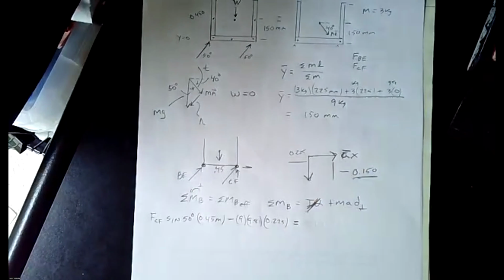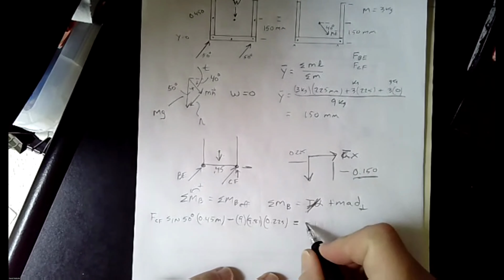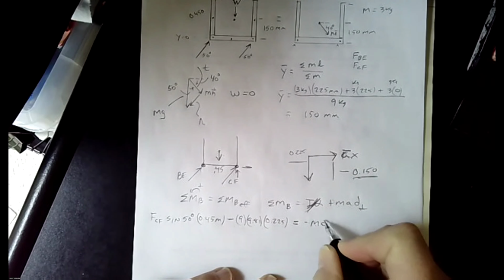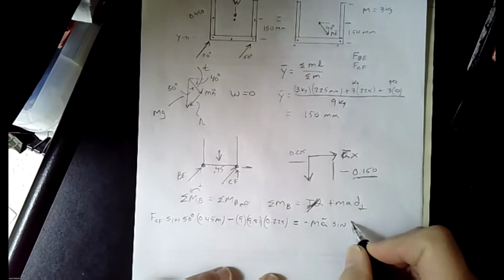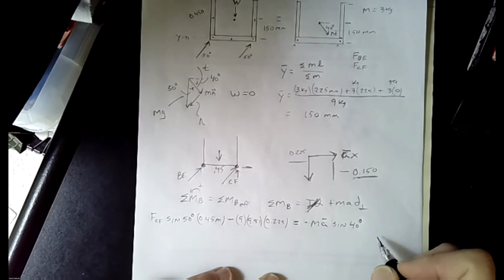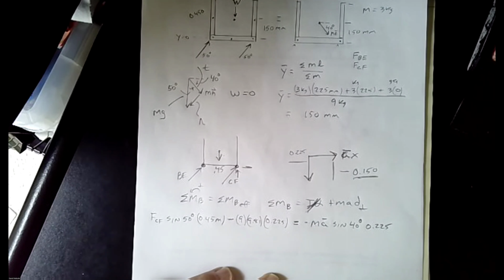So forget that last thing. So what I have is minus, I'll just write it as M A bar, times sine 40 degrees times 0.225.